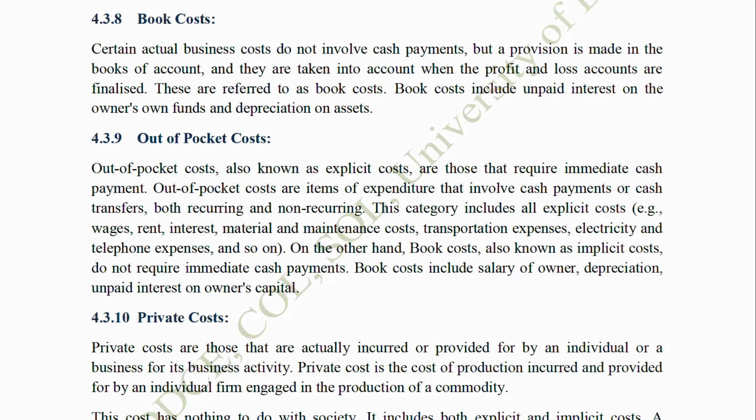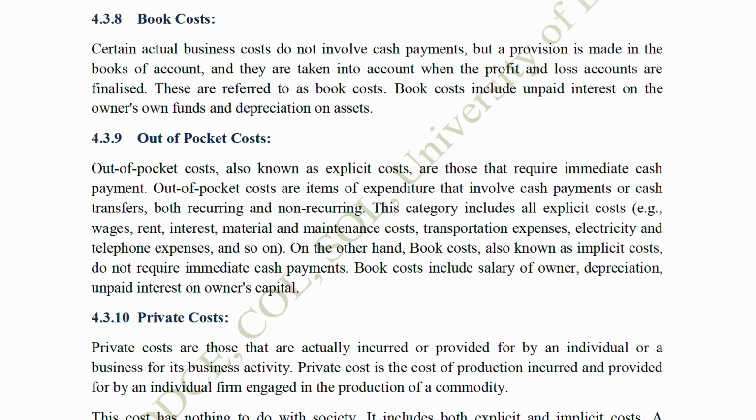4.3.9 Out-of-pocket costs. Out-of-pocket costs, also known as explicit costs, are those that require immediate cash payment. Out-of-pocket costs are items of expenditure that involve cash payments or cash transfers, both recurring and non-recurring.